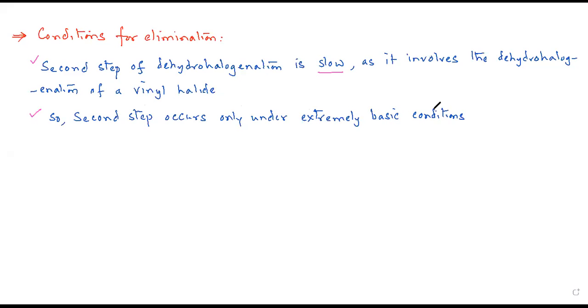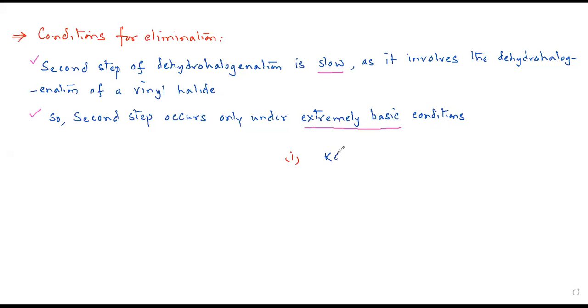Right. Then what are the bases generally employed? What are the extremely basic conditions employed? The regular bases we use are alcoholic KOH. Of course, the second one is sodium amide.